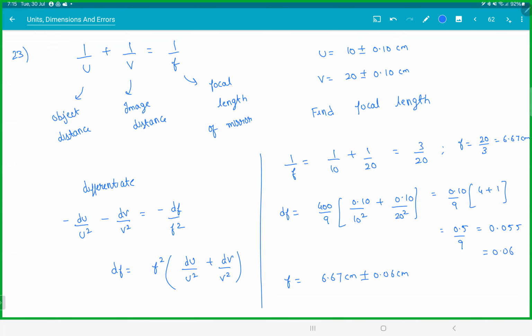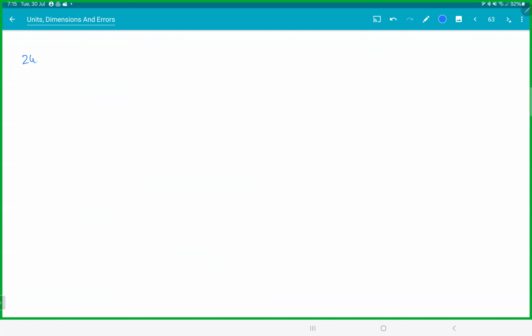Clear with this? Next one. Any doubts on this? I hope you're getting it. So if you get something like this, you just differentiate. Let's say we have something like A equals z minus 20 by z minus 5.